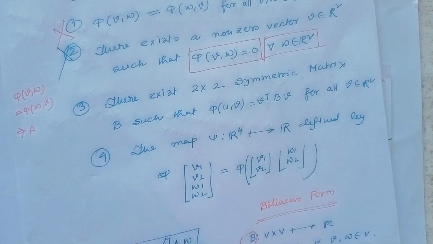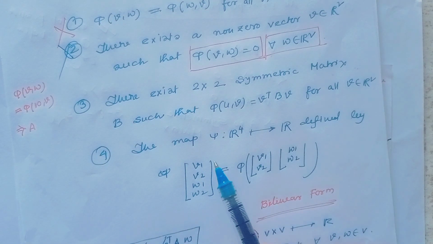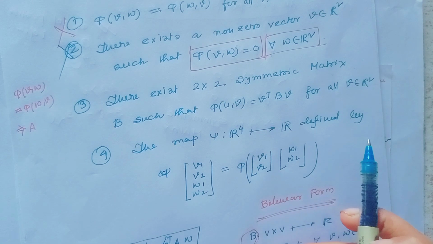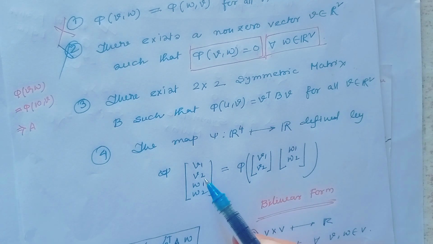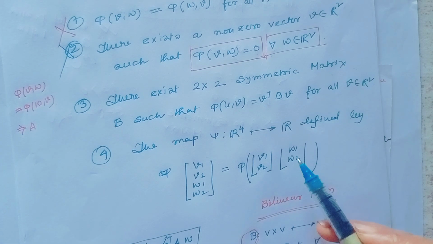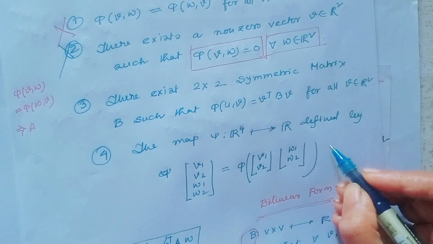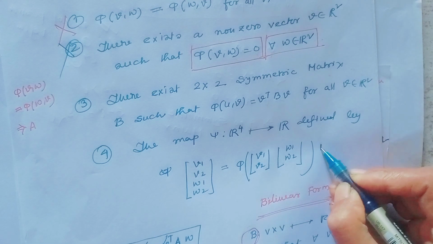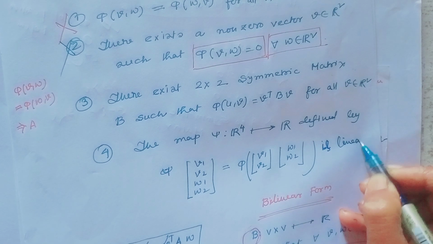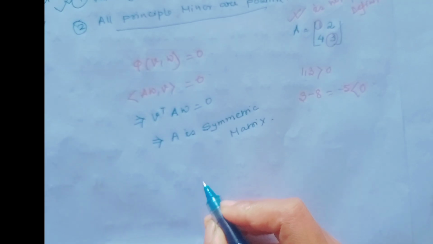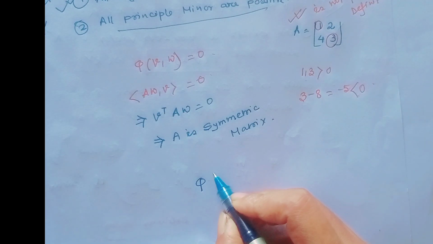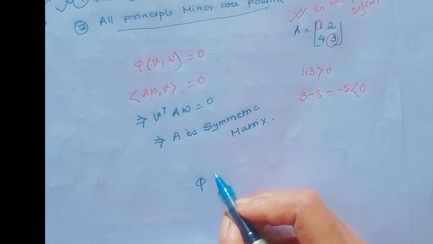At first see option 4. Option 4 indicates the map psi from R4 to R, defined as psi(v1, v2, w1, w2) equal to phi(v1, v2, w1, w2), and this is linear. Is this linear? At first think on your own. We have to prove phi is linear.